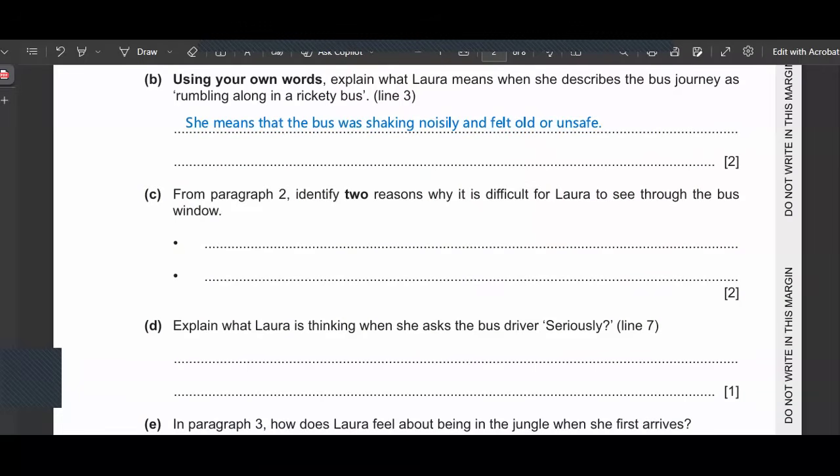So, in order to answer our question, we are supposed to provide two details. As you can clearly see, you have been given a bullet point. For questions where you are required to give evidence or details, you can write in bullet points.